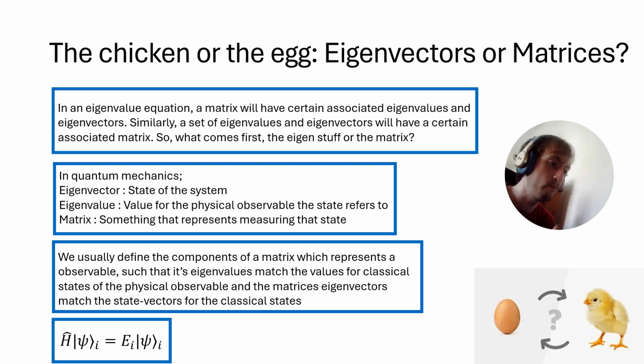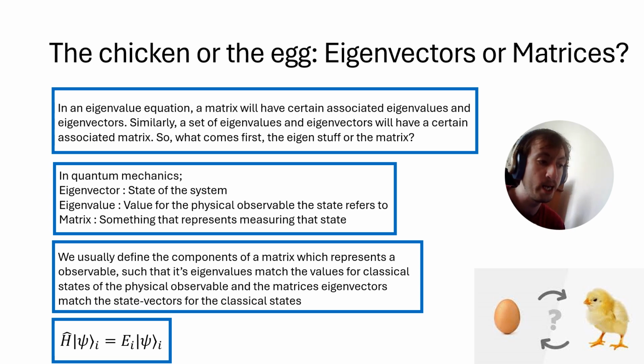So, for example, if we're talking about the ith classical state, then if we act the Hamiltonian on the ith classical state, we'll get the energy of the ith classical state multiplied by that classical state, where that classical state is represented as a vector. So really, in terms of quantum mechanics, it's the eigenvalues and eigenvectors which come first, and they define the components of the matrix.